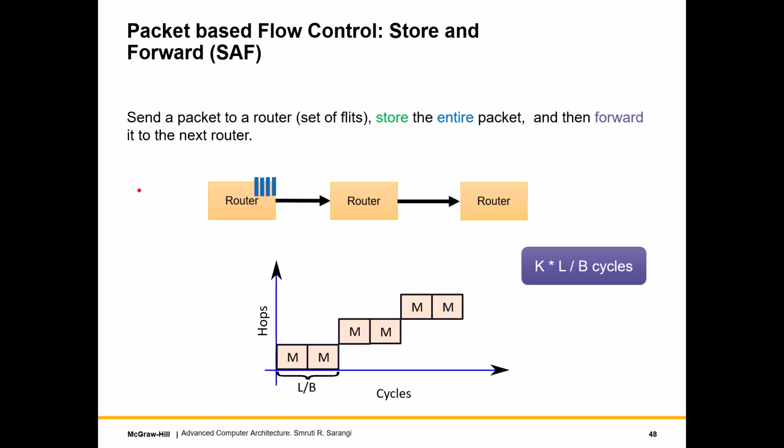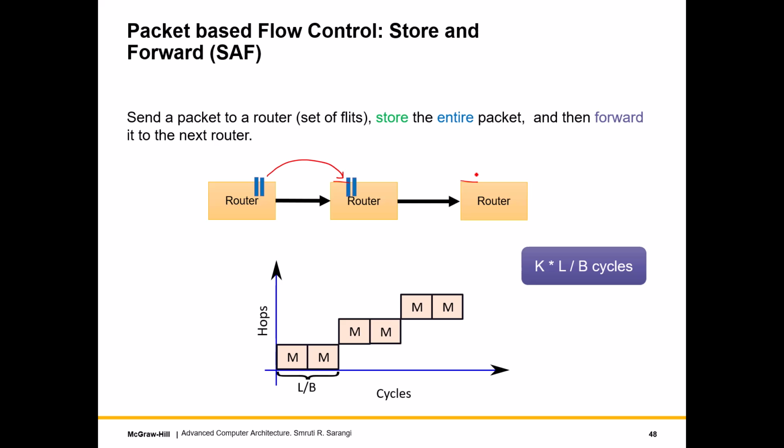In this case, if we want to send a packet, which is a set of flits, to a router, we send all the flits of the packet over. We have enough buffer space here to store the entire packet, which means all of its constituent flits. The entire packet is buffered here, then the entire packet is sent and buffered here. I have a small animation that can make things clearer.